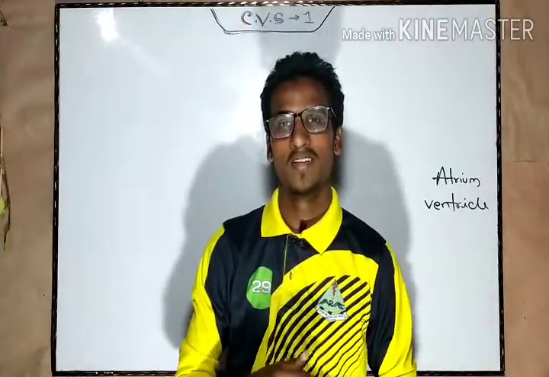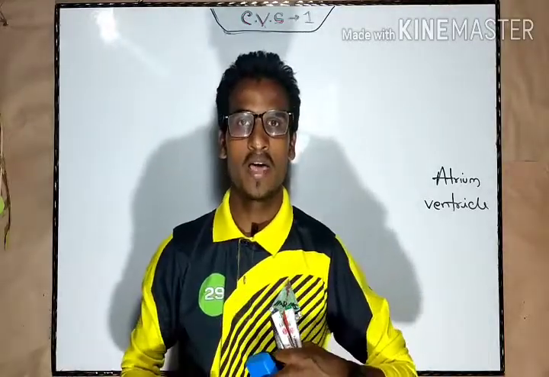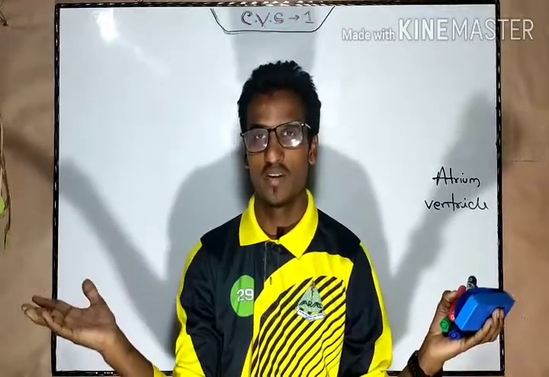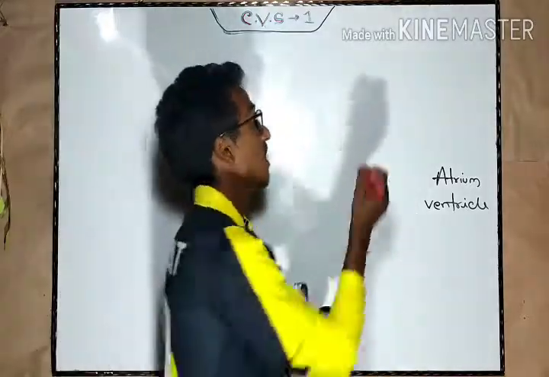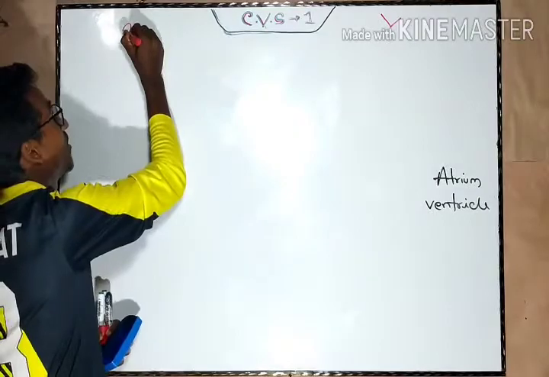Now, look at that. In case of my heart, this is my left side and this is my right side. So, don't get mixed up. This is left side and this is right side.